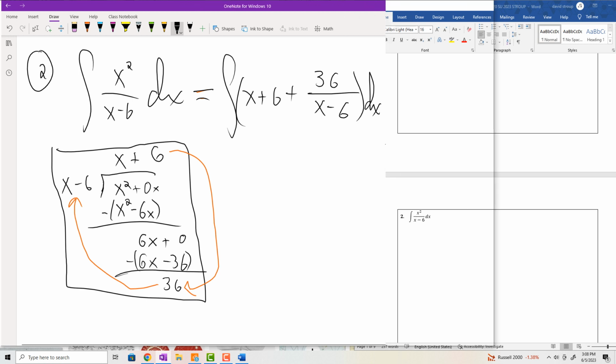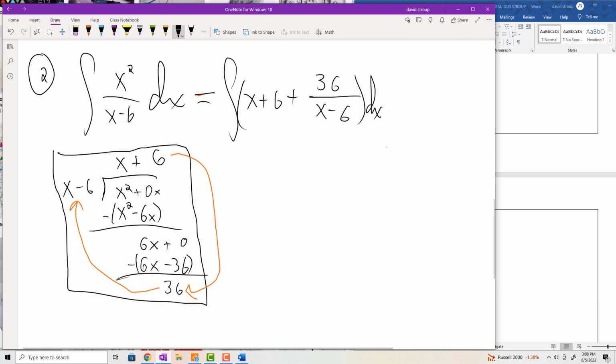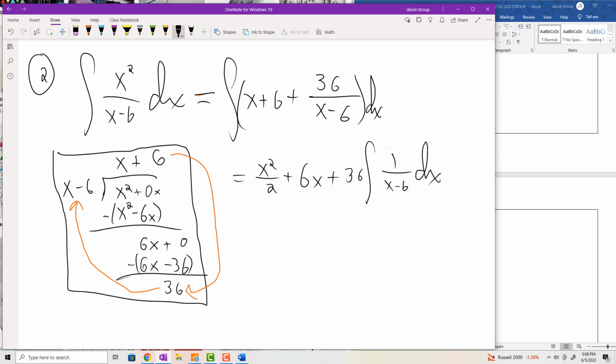Okay, so once that's set up, we can integrate term by term. So we'll have x squared over 2 plus 6x plus this last integral. You can factor out the 36. And that's just going to be an ln of x minus 6. You want to be a little careful, though, when you're dealing with this. It really is a u sub. And sometimes you'll lose a factor if you're not careful.